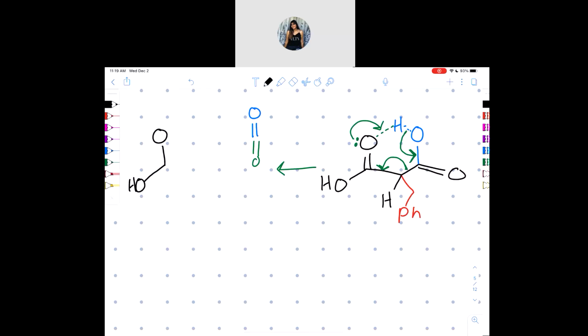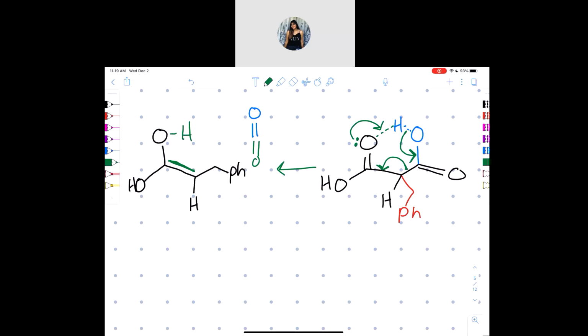We now have a single bond to the oxygen. I'm also going to draw our phenyl going up and our hydrogen pointing down. And we have a double bond right here, and we have a bond to hydrogen. So what kind of molecule is this?